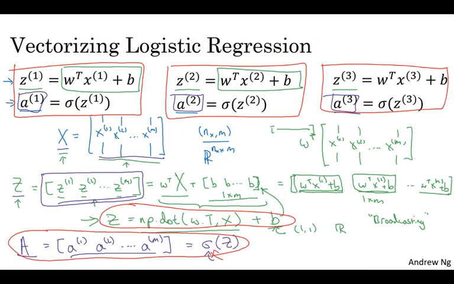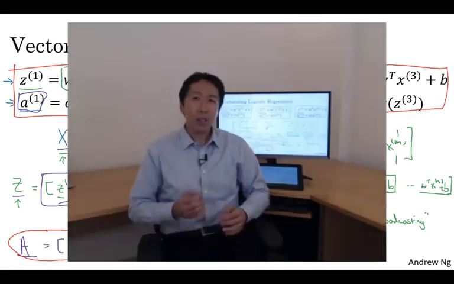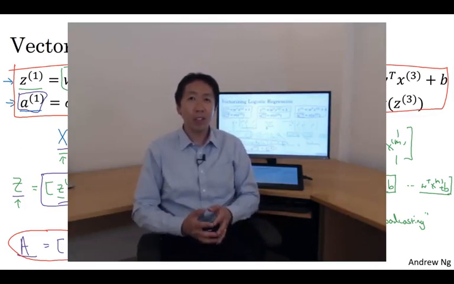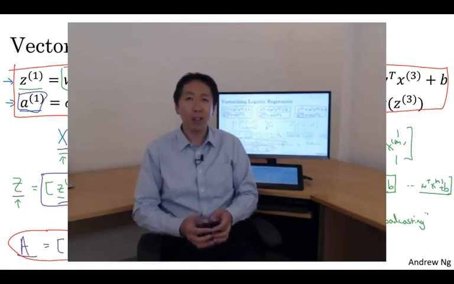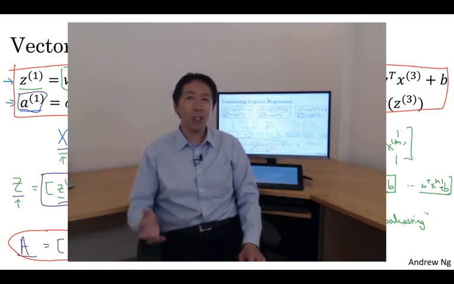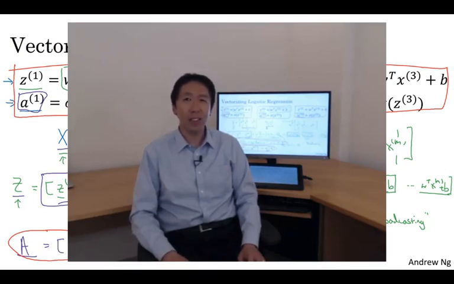So this is how you implement a vectorized implementation of the forward propagation for all m training examples at the same time. To summarize, you've just seen how you can use vectorization to very efficiently compute all the activations, all the lowercase a's, at the same time. Next, it turns out you can also use vectorization to very efficiently compute the backward propagation, to compute the gradients. Let's see how you can do that in the next video.